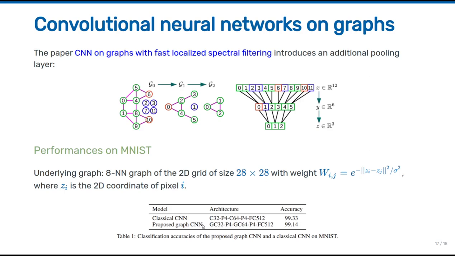And here, when you are modifying the grid with this nearest neighbor graph, they apply the graph convolution with the same number of channels, the same pooling, same number of channels for the second convolution, same pooling and same fully connected layer. And you see that they obtain almost the same performance as for the classical convolution.